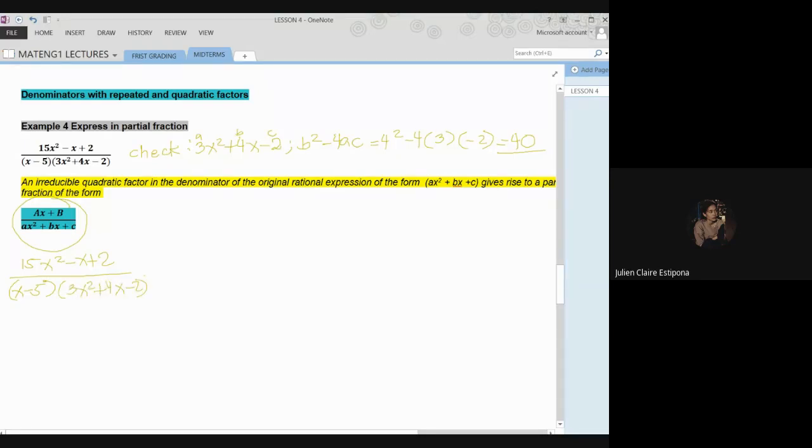Okay, so that is equal to, we can rewrite this one as a all over the linear, which is x minus 5, and then plus for the quadratic, that is already bx plus c all over 3x squared plus 4x minus 2 already. So can you follow?